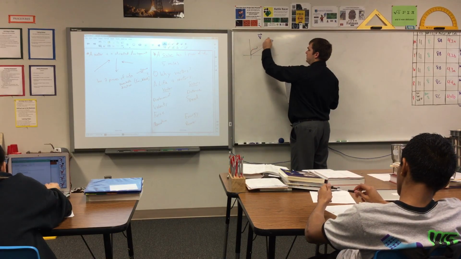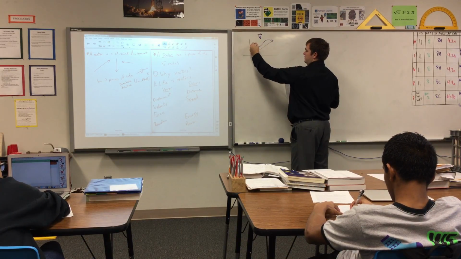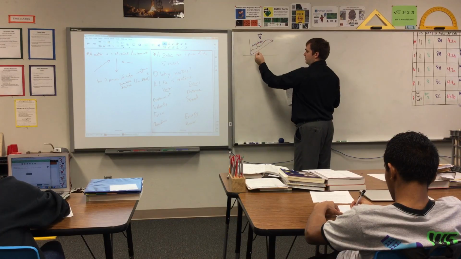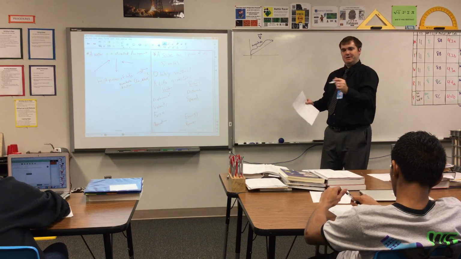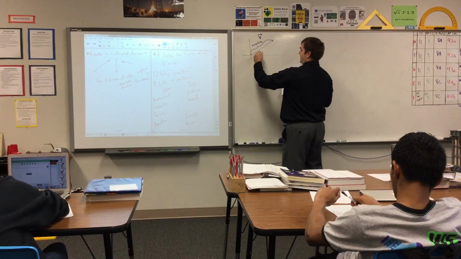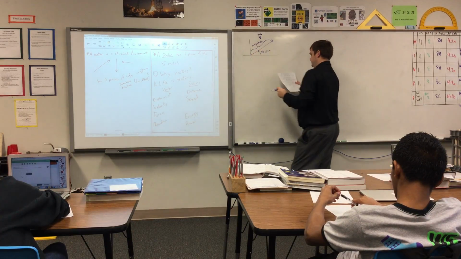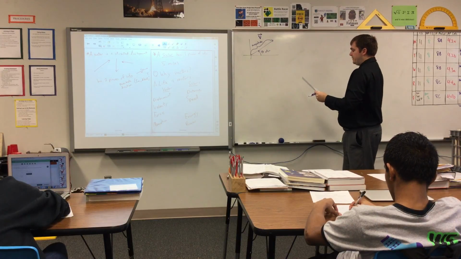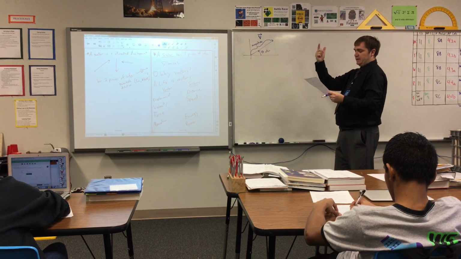The length of the line segment tells you the magnitude. The direction of the line segment tells you the direction. The magnitude is shown by the length. The direction is shown by the arrow.